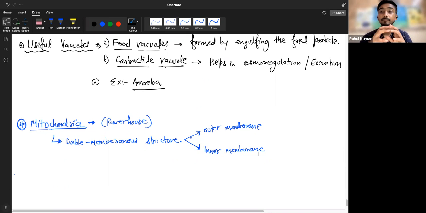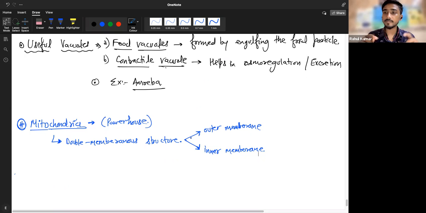Because the production of ATP, the ATP synthesis, the energy producing mechanism happens in the inner membrane. So all these proteins that do this business are embedded in the inner membrane. They are not on the outer membrane. So that's why, to increase the surface area of the inner membrane, each mitochondria being smaller can work more than its own size.